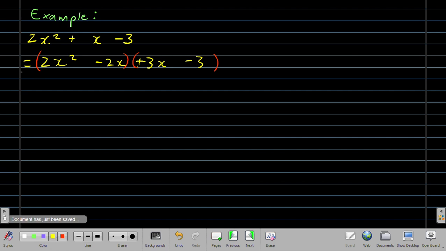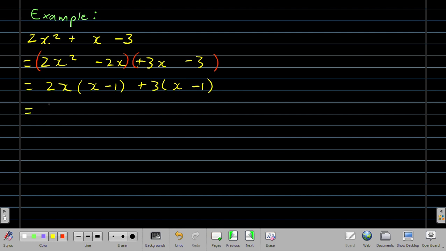Alright. So here we have this grouping, and we can take out the common factor. So we'll take out 2x, and what we're going to be left with is x minus 1. And on this side, we're going to take out a common factor of positive 3, and we're going to be left with x minus 1.